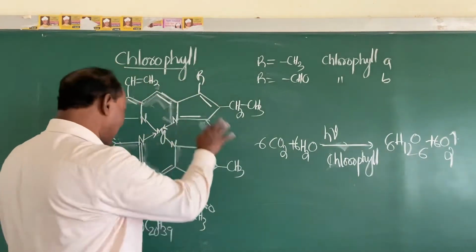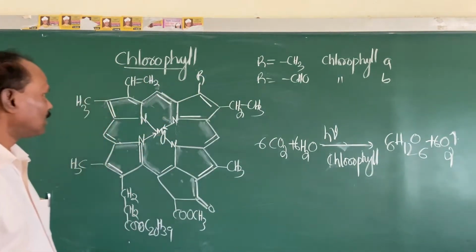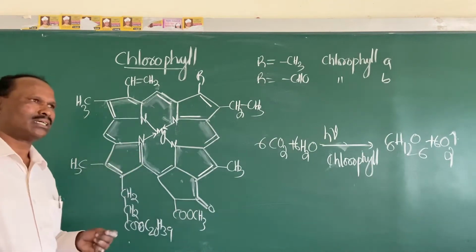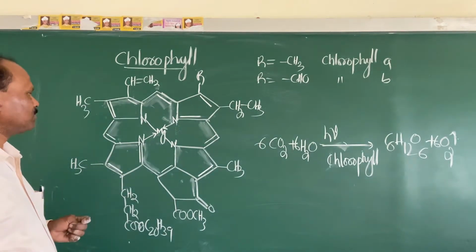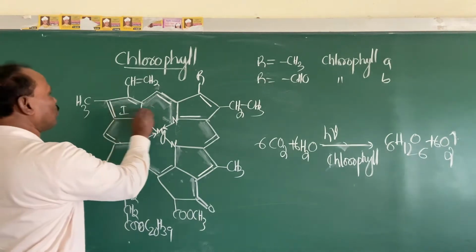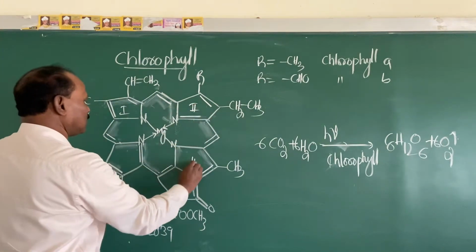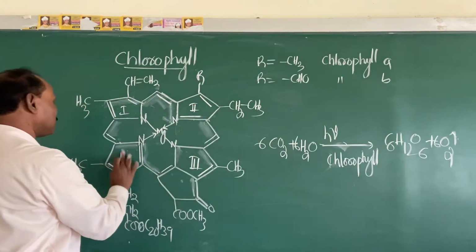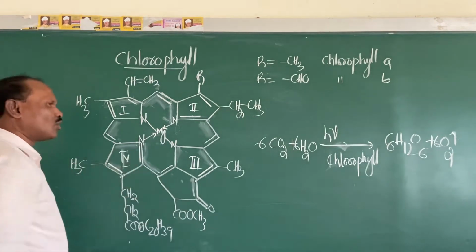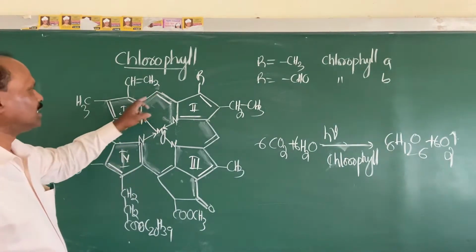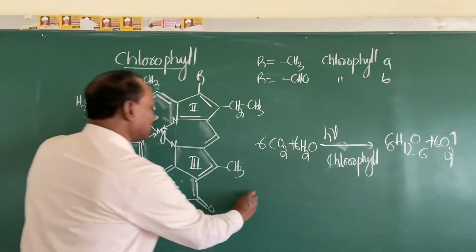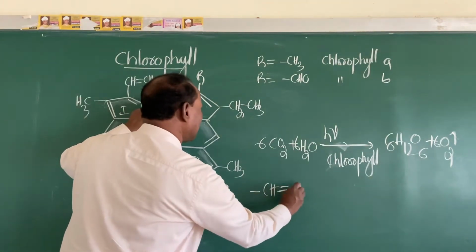Now this chlorophyll structure I have drawn here, similar to the hemoglobin we have studied. There are 4 pyrrole rings, and these pyrrole rings are joined by this linkage, single bond CH double bond, right?